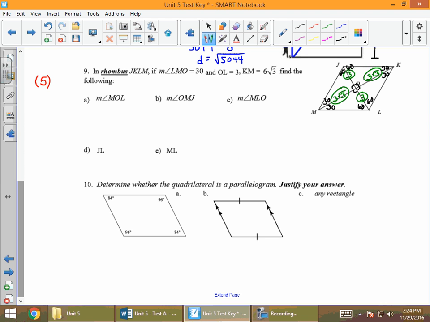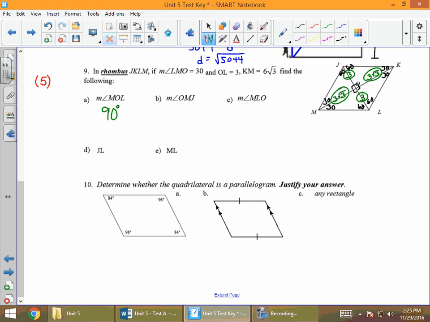MOL. So from M to OL, right there in the middle. MOL, that angle in the middle is 90 degrees. OMJ.